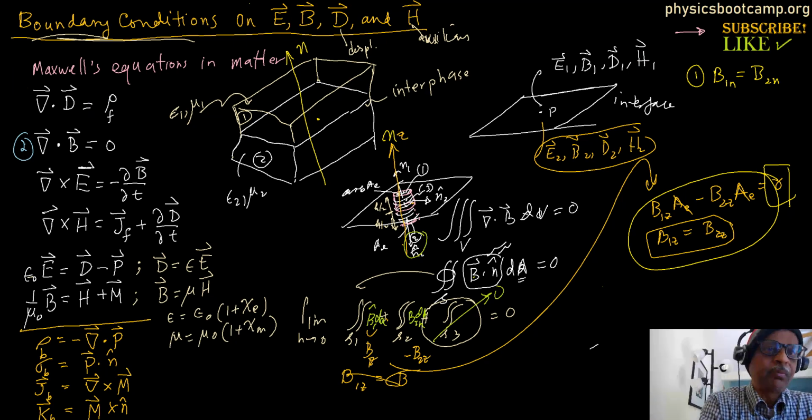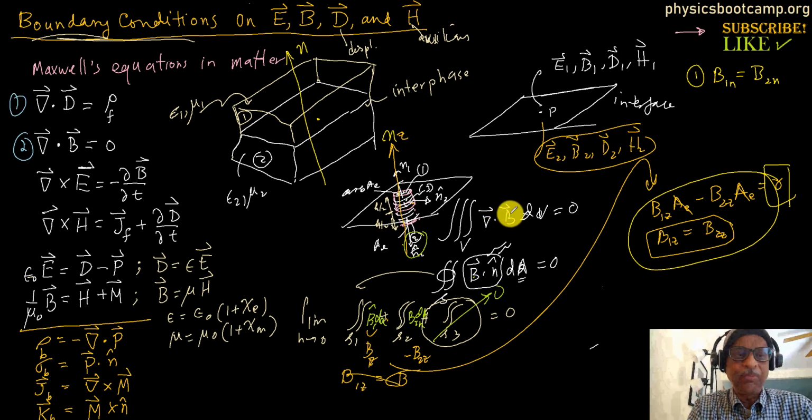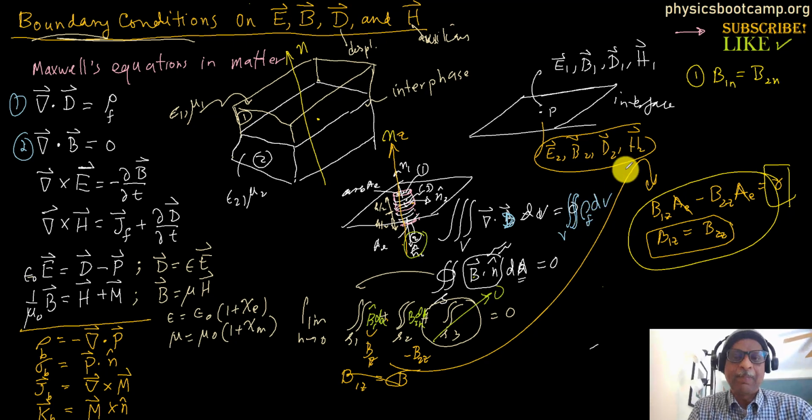Doing the next one, you're going to get the same thing. This will become a D. We do exactly the same thing. This is D, and the right side is going to be the volume integral of rho f dV.